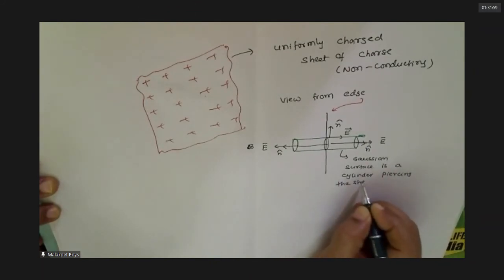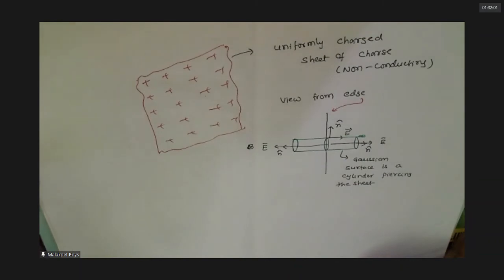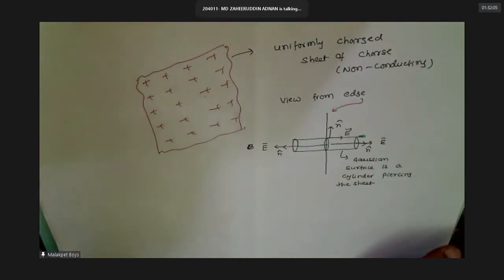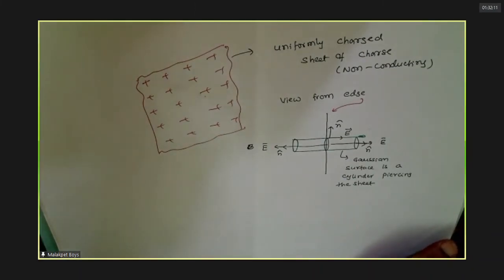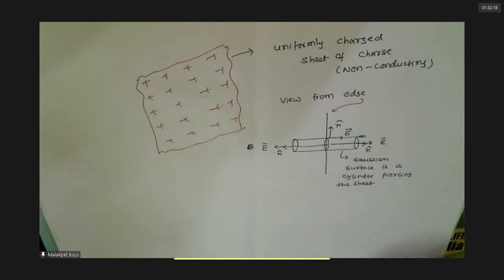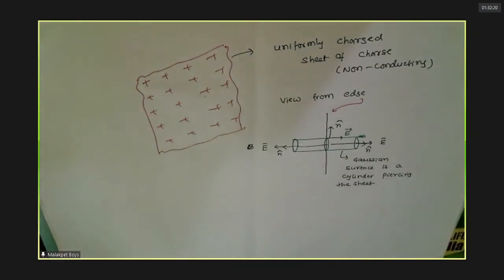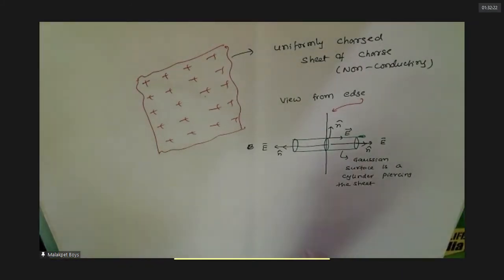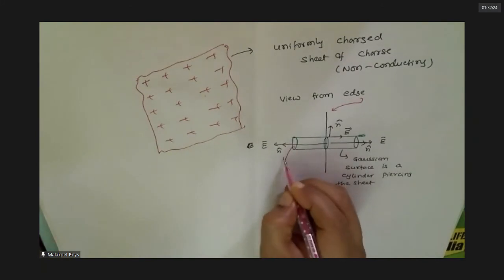Sir, n cap for that curved surface will be perpendicular, no? For the curved surface, n cap is perpendicular, radially directional, no? You have done all the problems on this only, no? For the left side, E bar will be in this direction, no? Which one?